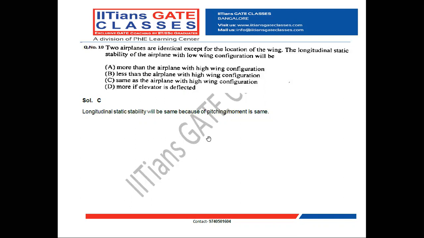That means the longitudinal static stability of the airplane with low wing configuration will be the same as the airplane with high wing configuration, since it is identical. The condition for longitudinal stability is that dCm by d alpha should be negative, only this is the condition.